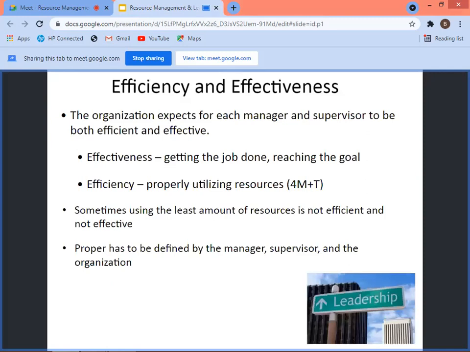Now let's talk about efficiency and effectiveness. As I said earlier, this is the most important key performance in an organization. The organization expects its managers and supervisors to be both efficient and effective. Effectiveness means getting the job done, reaching the goal. If the people are not effective, what are you going to do? You're going to train and develop them to become effective.